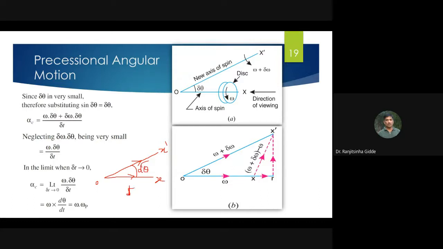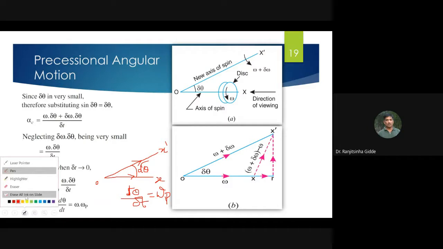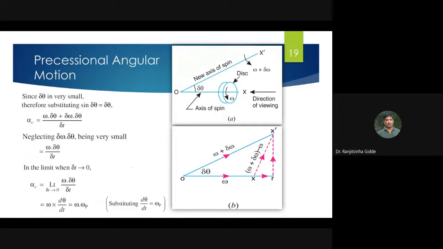Then delta theta divided by delta t is nothing but omega p. So here we have substituted d theta by dt equal to omega p.